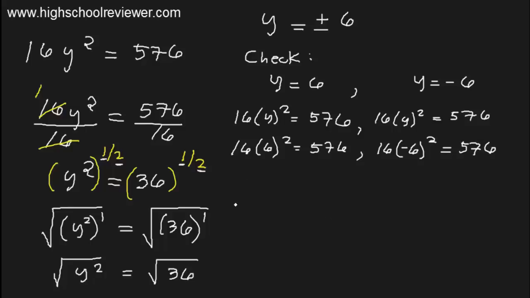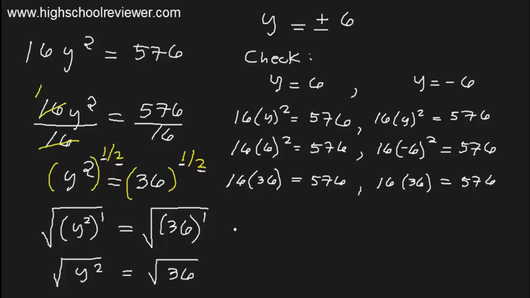So we have 16 multiplied by 36 equals 576. And 16 times negative 6 raised to 2, that is also positive 36, equals 576.